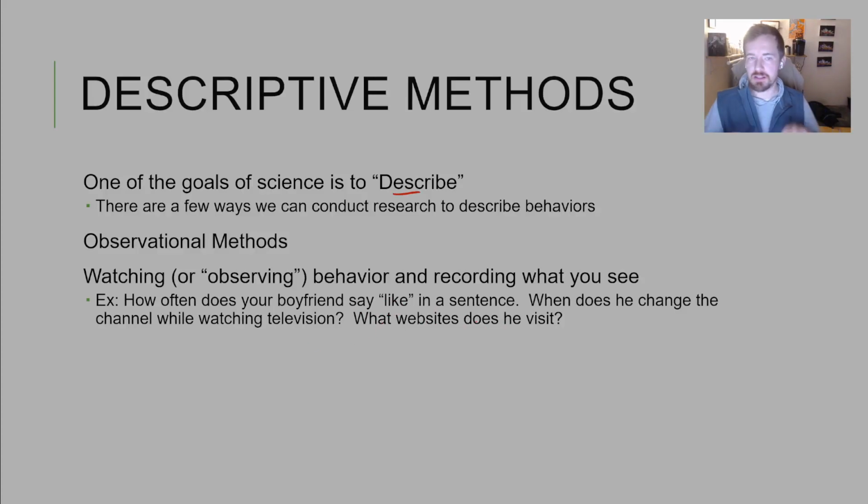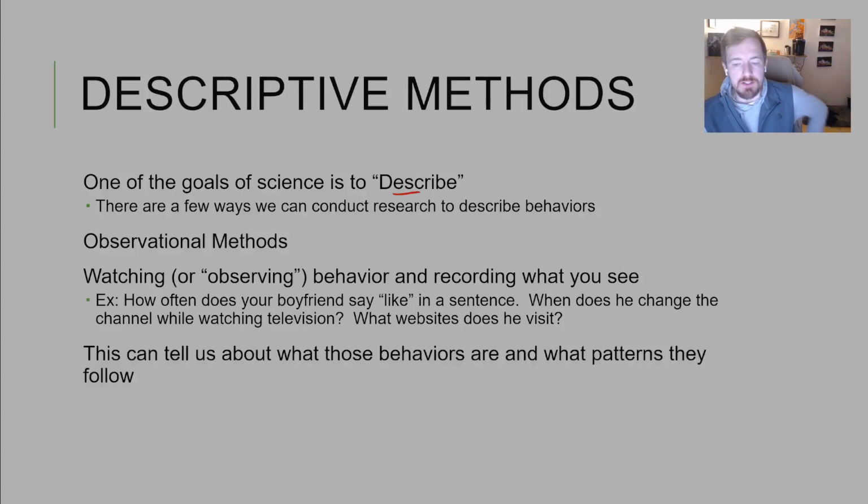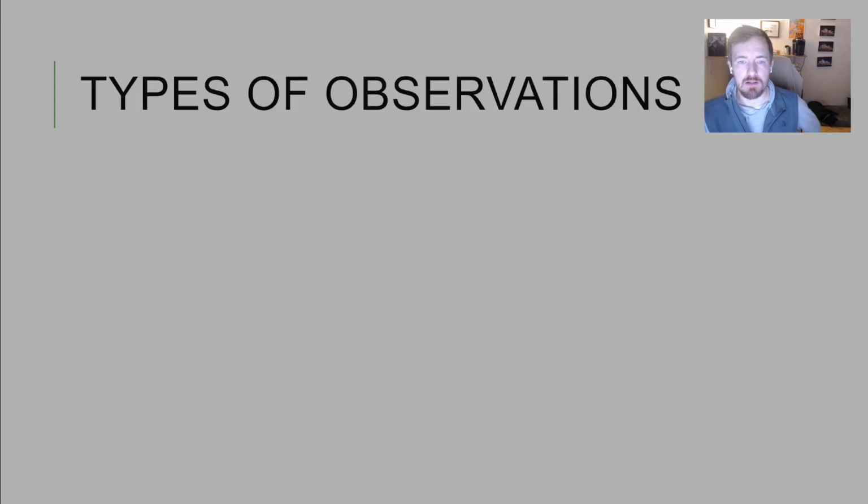But the answer to either of these is going to be something more descriptive in nature, where you're talking about when this happens, or what it is that is happening, how often it happens, and things like that. So this can tell us about behaviors, what they are, how often they occur, and all of that.